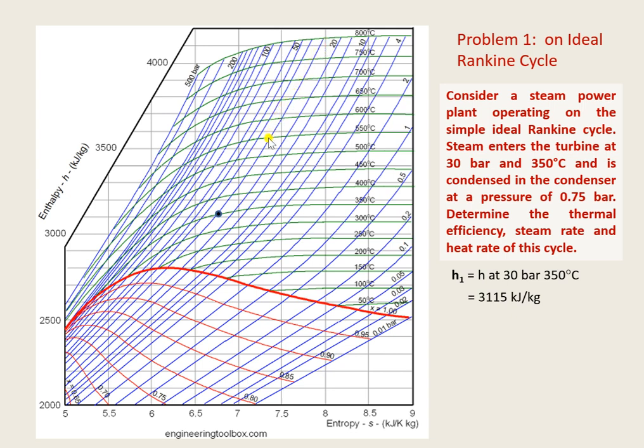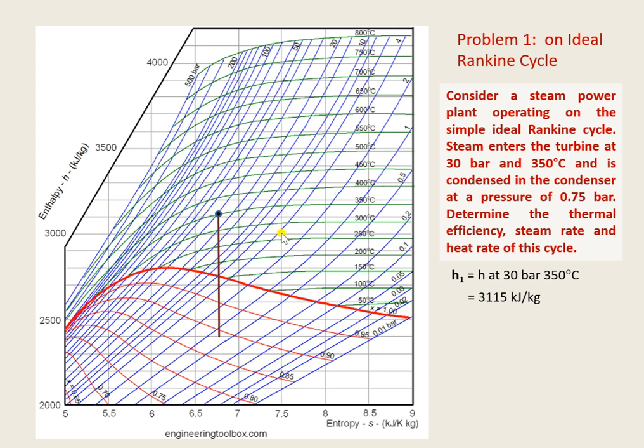In between you have the 30 bar line. So this is the 30 bar line. On the 30 bar line we locate the point where you have temperature as 350 degrees Celsius. So it is the point of intersection of 30 bar line and 350 degrees Celsius line. We have located the point here now. The enthalpy is 3115 kilojoules per kg. That you can read on the y-axis.